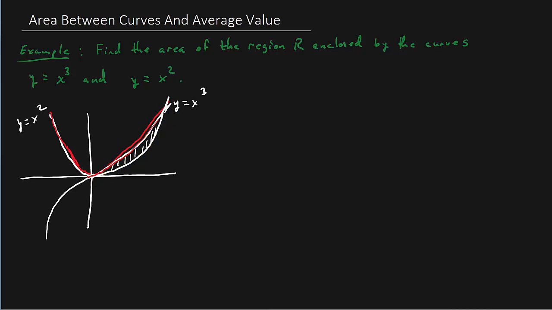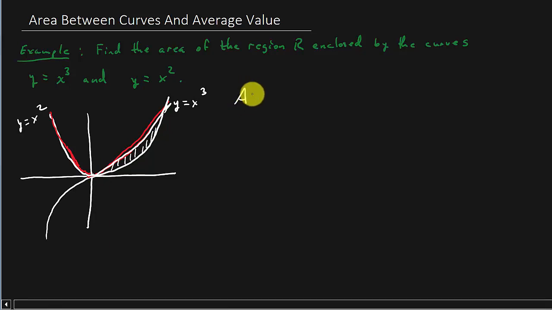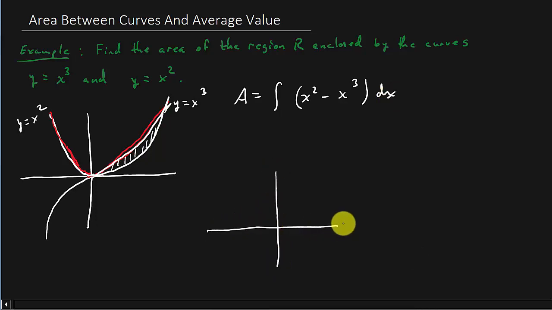Whenever we're finding the area between two curves, the area is the integral of the curve on top, see how x squared is on top, minus the curve on bottom, x cubed, dx. Let me come down here and explain this to you.